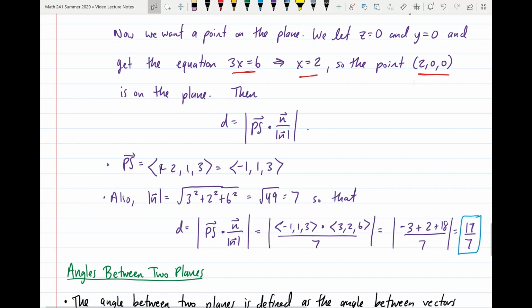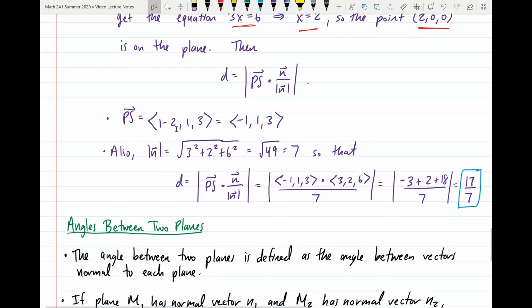And we can find the component form for our vector from P to S. And we end up finding that that is equal to -1, 1, 3. And we want to find the magnitude of our vector n as well. So we take the components of n, we square each of them and add them together, and then take the square root, and we end up finding that the magnitude of n is equal to 7.